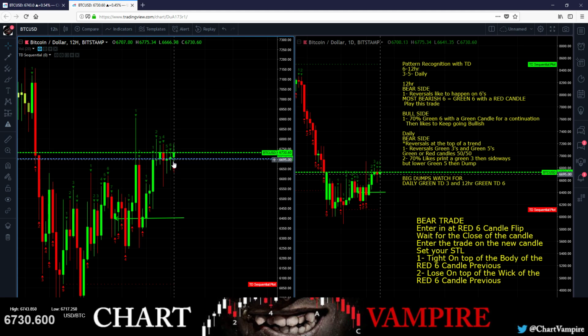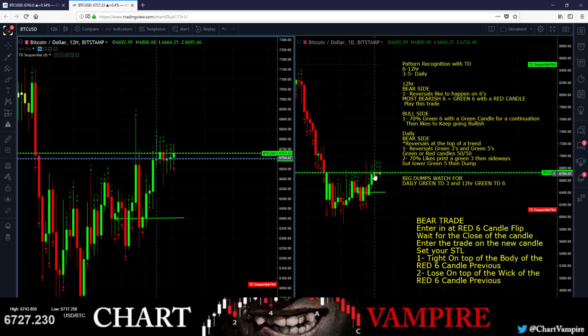So this could be neither green nor red, and this would only be confirming this dumping pattern on the daily, playing out as a neutral candle to the daily pattern.